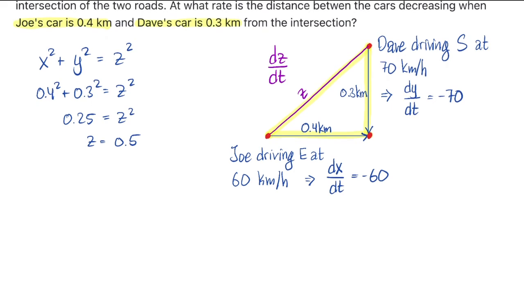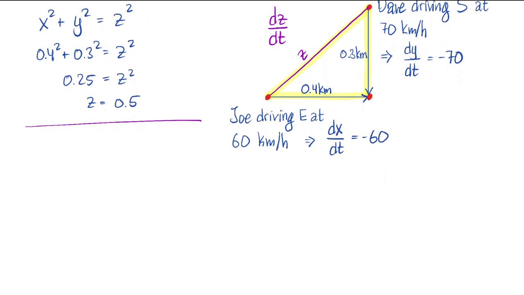The next step would be to differentiate our Pythagorean theorem. We will have to use implicit differentiation here. So it's going to be the derivative of x squared with respect to time, plus the derivative of y squared with respect to time, equals the derivative of z squared with respect to time.